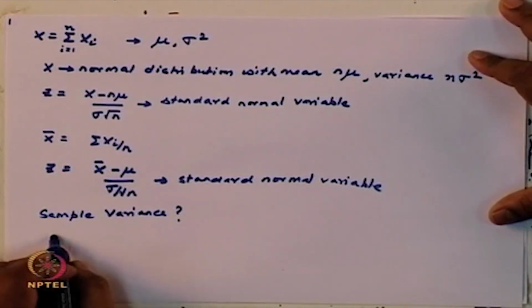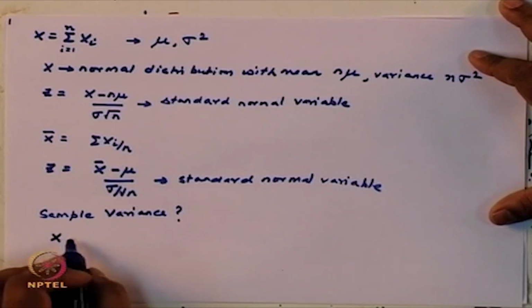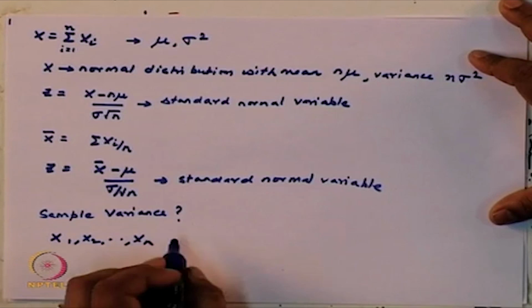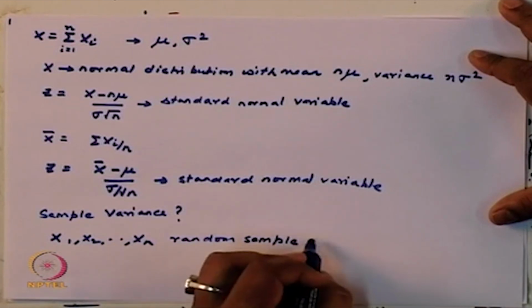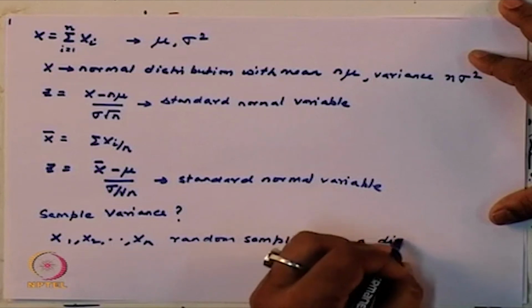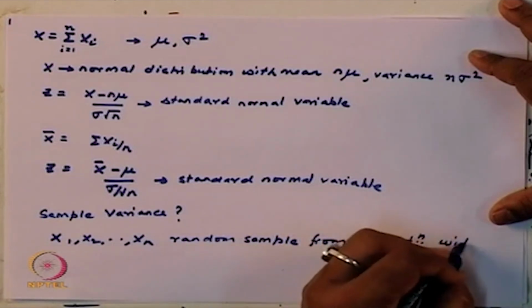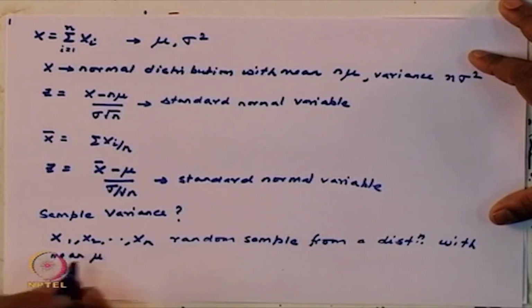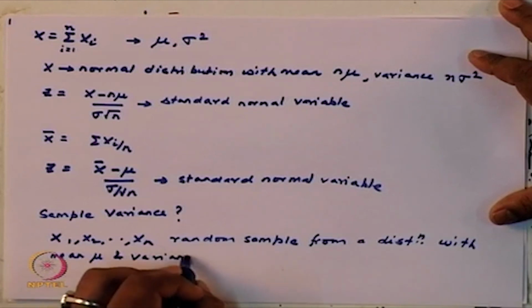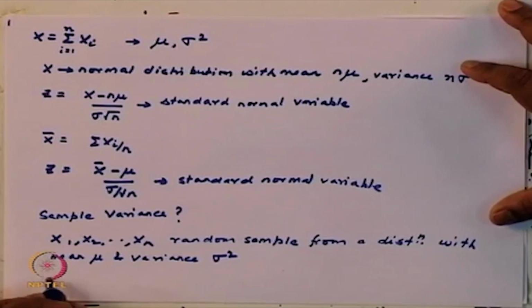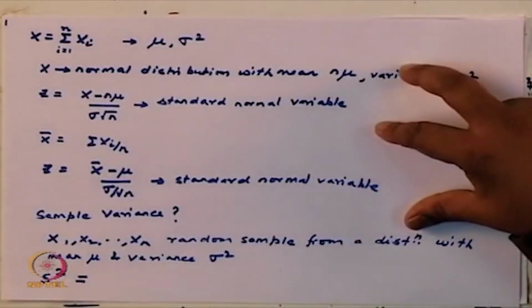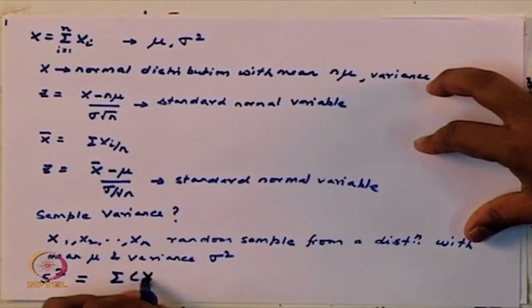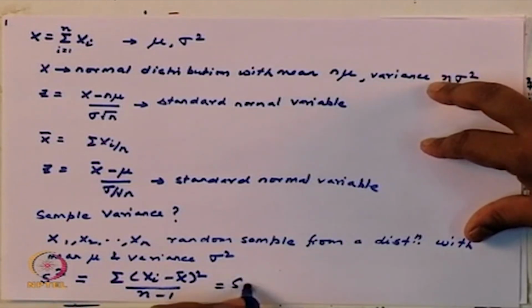If you have x1, x2, up to xn as a random sample from a distribution with mean mu and variance sigma square, I will define my sample variance as S square, equal to the summation of x I minus x bar whole square by n minus 1.